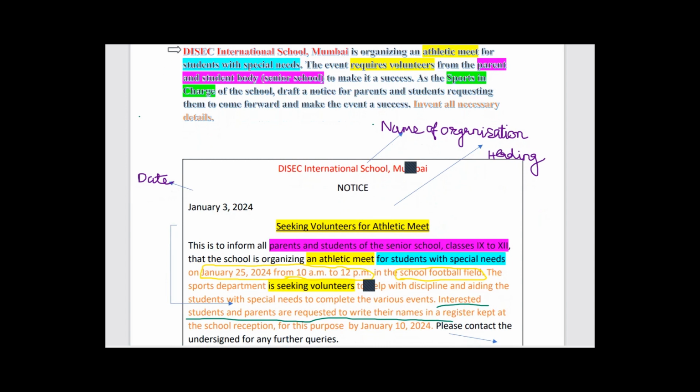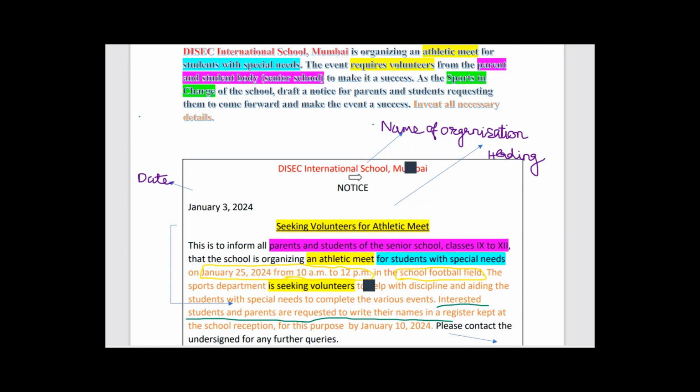So we have Dissect International School, Mumbai, and you will see that that comes as the name of the organization, and I had mentioned that you had to write the address. So a simple one word for the city in which the organization is situated is enough. So you have the name of the organization and you have the city.